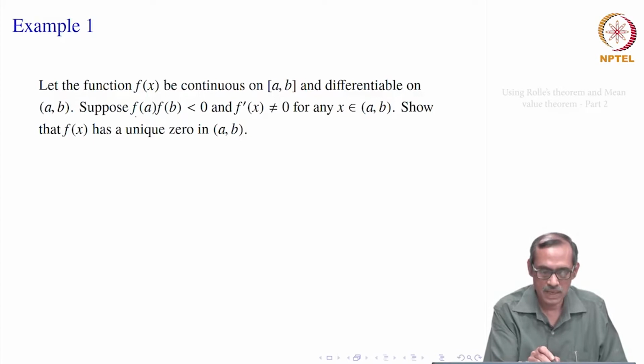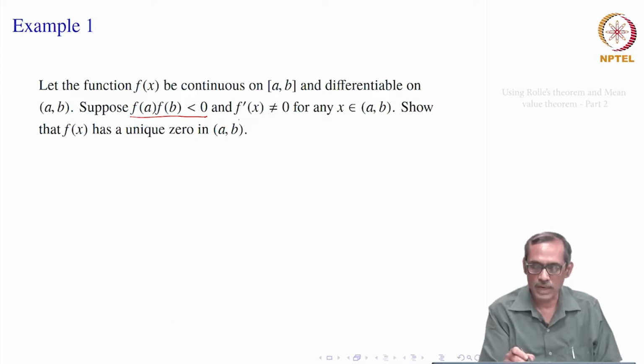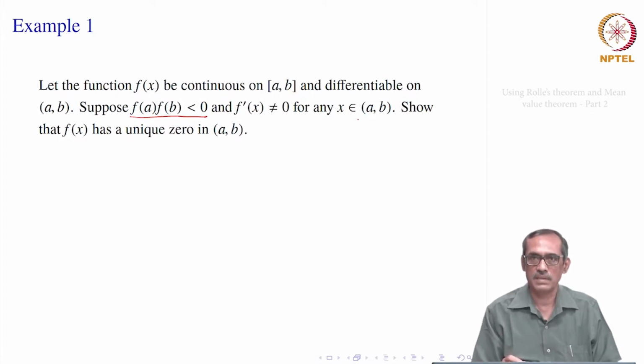It is given that f(a) times f(b) is less than 0, which means they have opposite signs. If f(a) is plus, f(b) is minus, and if f(a) is minus, then f(b) is plus. So that product is less than 0. And it is also known that f prime of x is not equal to 0 for any x in (a, b), so it does not vanish at any point of (a, b).